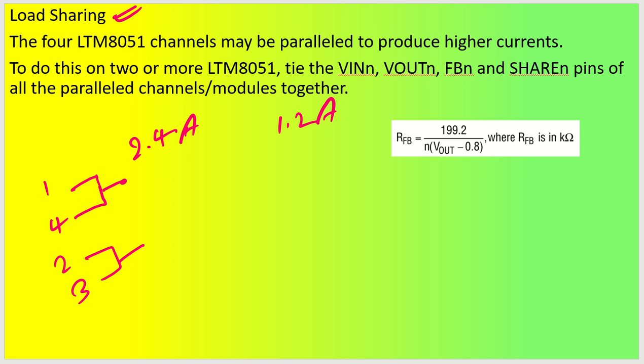In that case, your RFB will be designed in this manner, because RFB will be 199.2 divided by n times V output minus 0.8, where n is the number of channels that you are going to put. So n will be 2, or n will be 4 if you are going to short all the 4 channels.